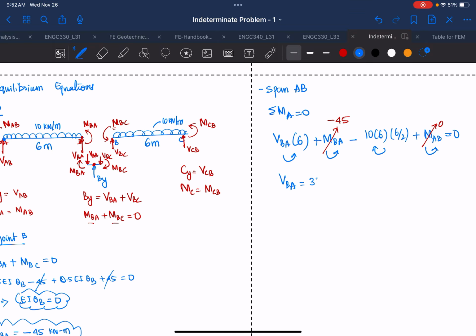So this will be 37.5 kilonewton. And because it's positive, that means it agrees with our assumed direction. Okay, so that is VBA.